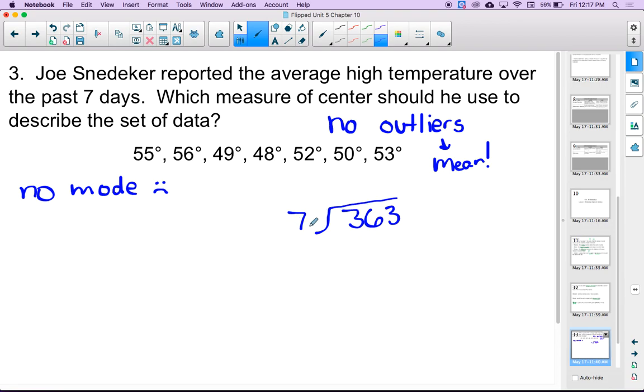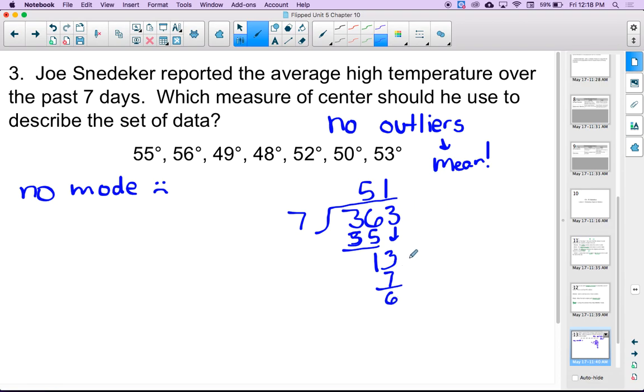7 does not go into 3, but it goes into 36 5 times. Oops, there we go, 35. Subtract that and we get a 1. Bring down the 3. 7 goes into 13 1 time. Subtract that, get a 6.